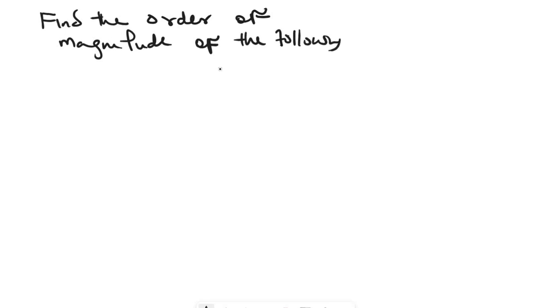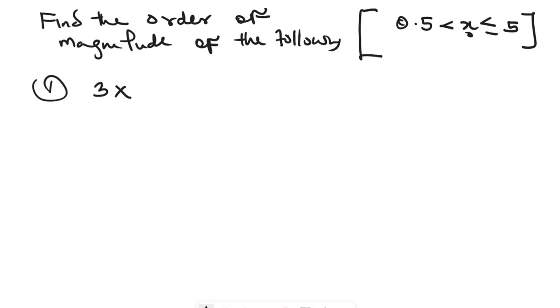The first question: remember the inequality I gave you, 0.5 < x ≤ 5. Your physical quantity must be in this range before you can determine the order. Number 1, 3 times 10 raised to the power 2. 3 is in this range, yes. So the order of magnitude here is 2.